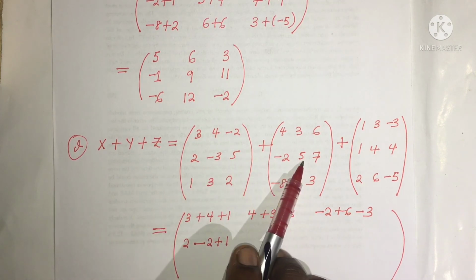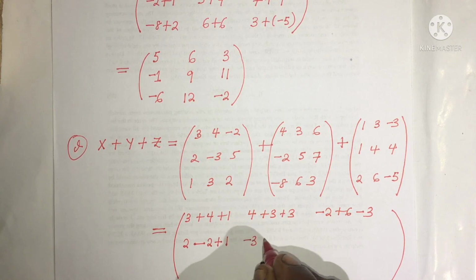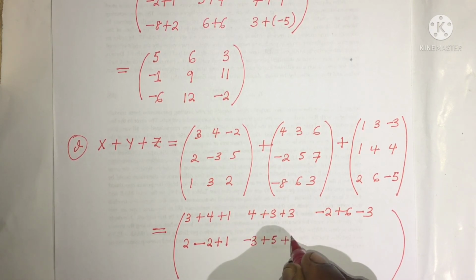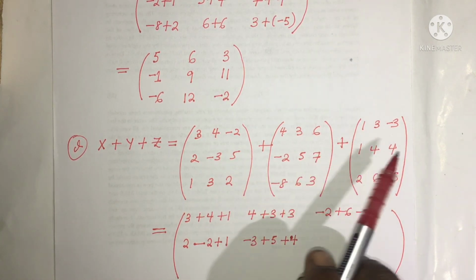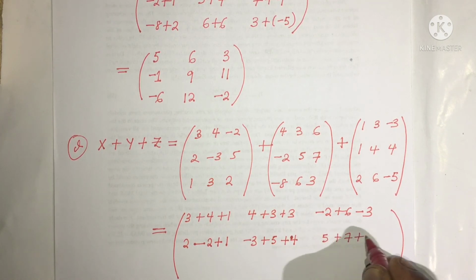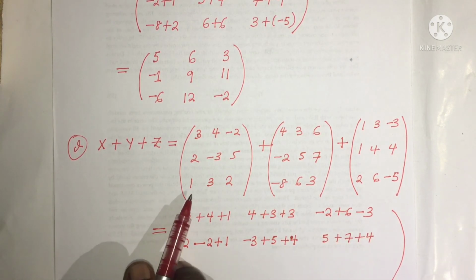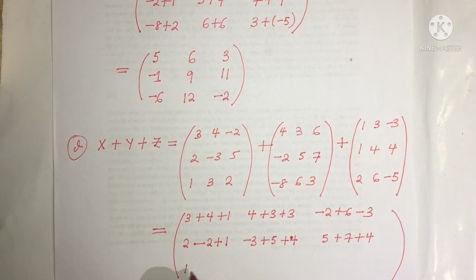Minus 3 would add to 5 and to 4 in the second row, so that will be minus 3 plus 5 plus 4. Then 5 would add to 7 and to 4, so this will give 5 plus 7 plus 4. Then lastly, 1 will add to minus 8 and 2, so that will be 1 minus 8 plus 2.